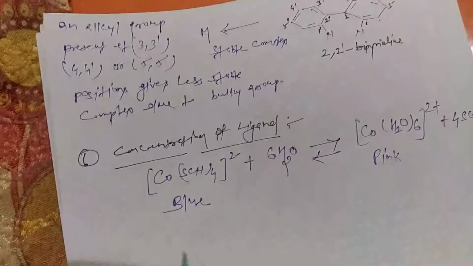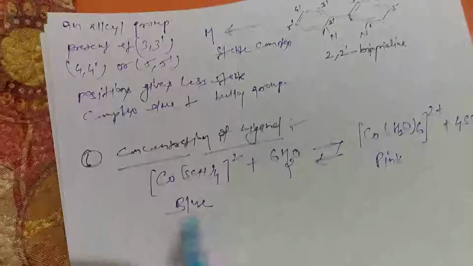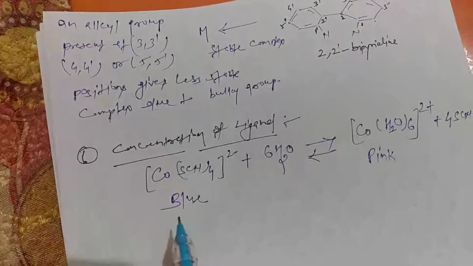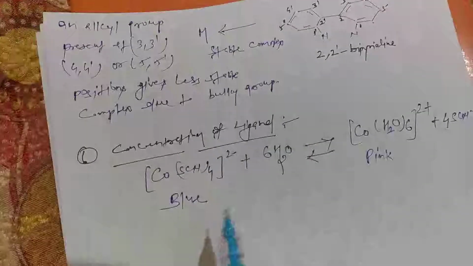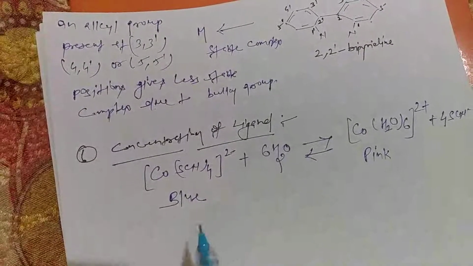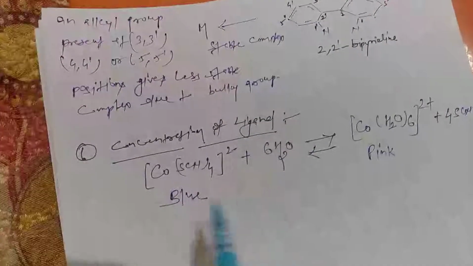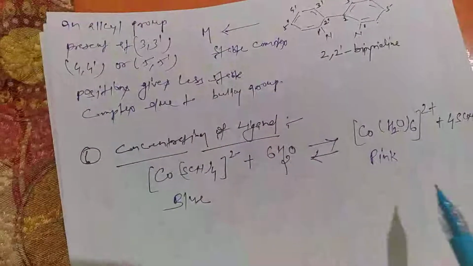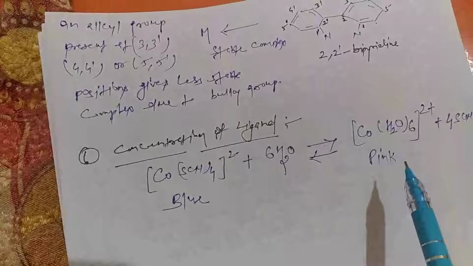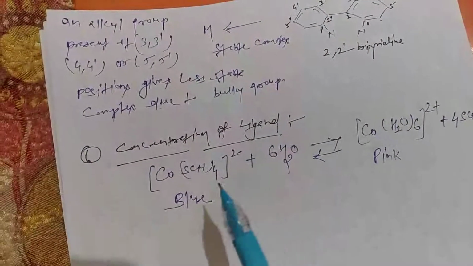So when a stable blue complex of higher concentration is diluted in water, the blue complex gets destroyed and is replaced by a pink hydrated complex. This is a blue thiocyanate complex converted into a pink hydrated complex. This is the change in the concentration of ligand.